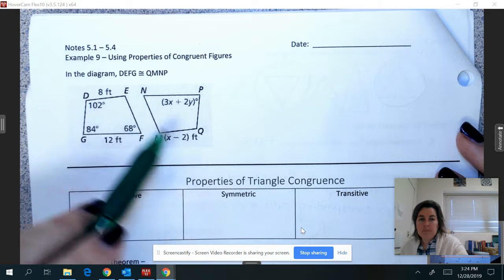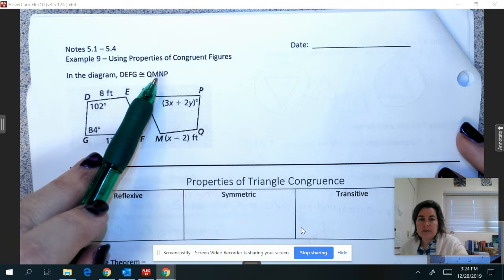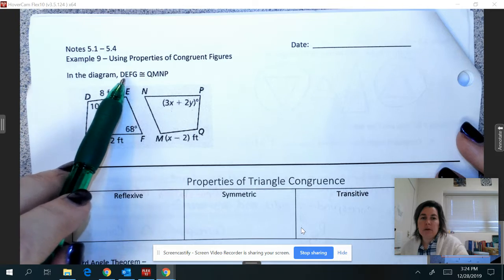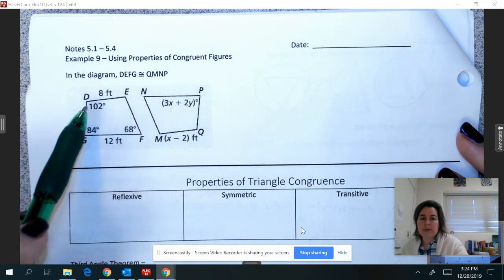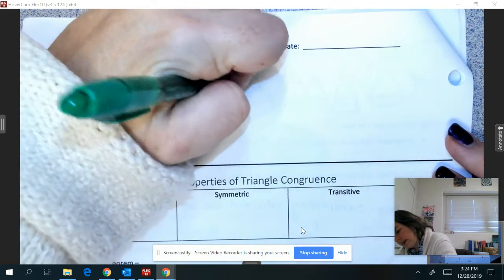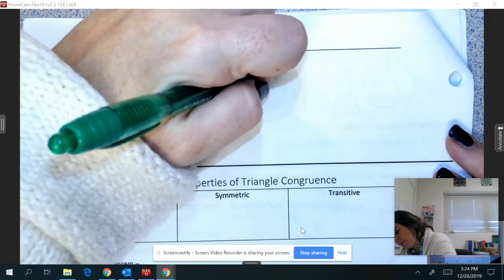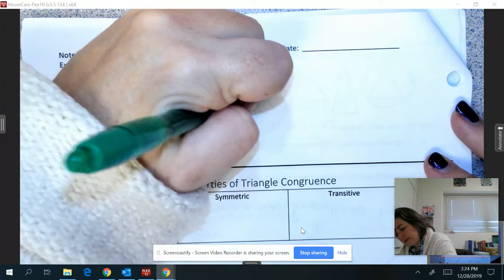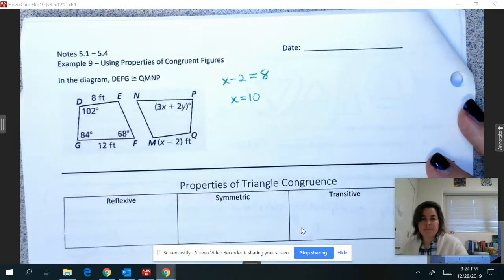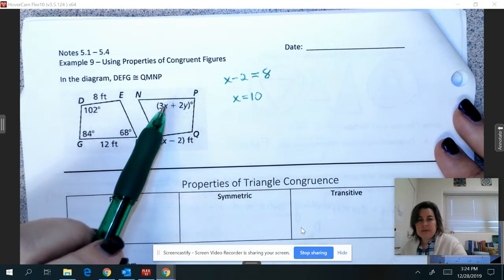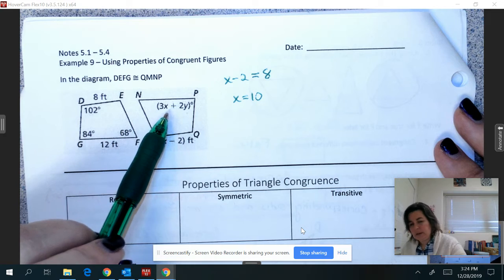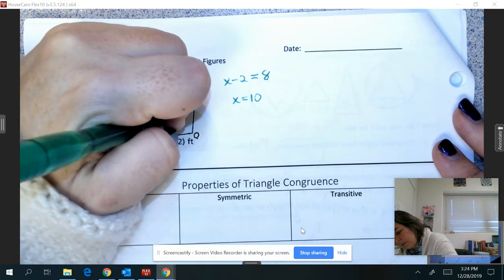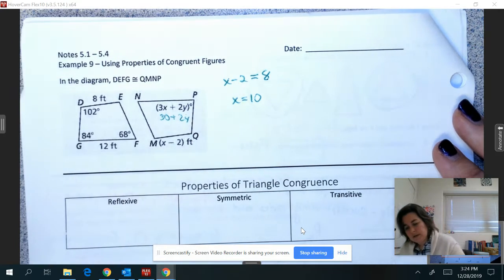This is segment MQ, so that's the first and the second letter. So it goes with the first and second letter over here, that's DE, so that's 8. So I can set X minus 2 equal to 8. Add 2 to both sides, X is 10. Perfect. So now I can substitute a 10 in here. 3 times 10 is 30, so I get 30 plus 2y.